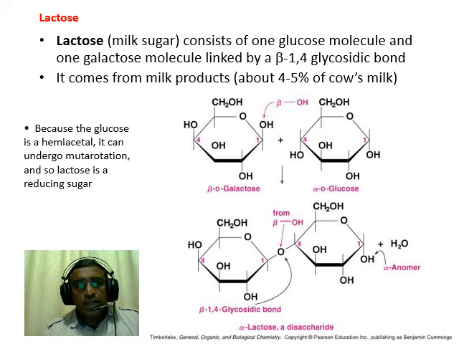Lactose is mostly found in milk, being 4 to 5% of cow's milk. The other material in milk is protein. This is the structure given for lactose, having a beta 1,4 glycosidic bond and made up of galactose as well as glucose.